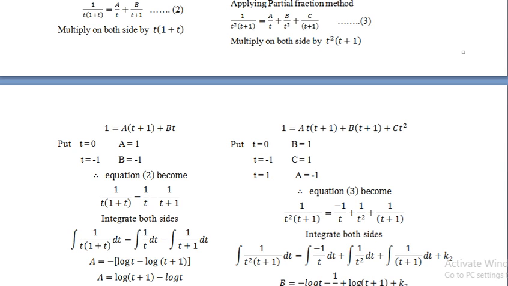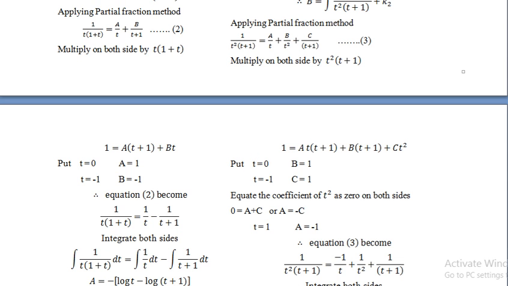So the left hand side is 1; a by t and t square into t plus 1 is t, and t cancels out. So the remaining term is a into t into t plus 1, plus b divided by t square, so t square cancels out, b into t plus 1. Then c divided by t plus 1, so t plus 1 cancels out, c into t square.